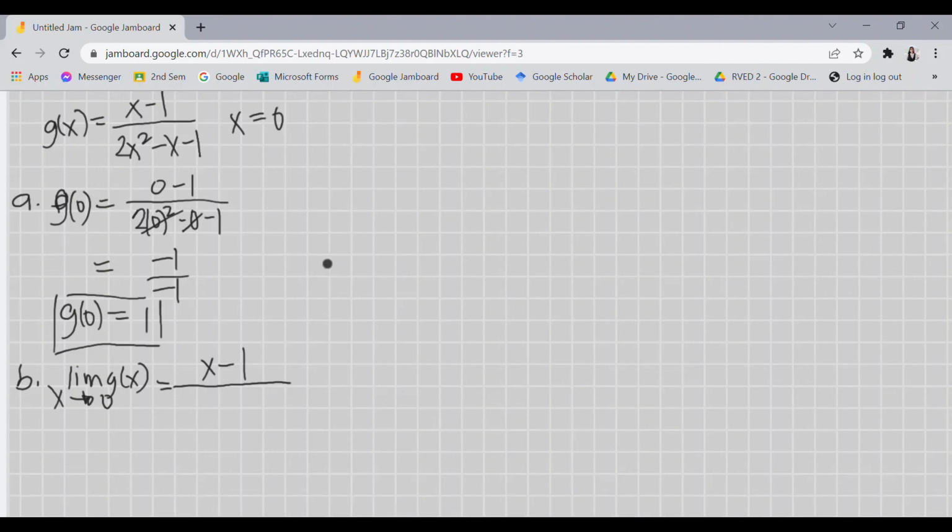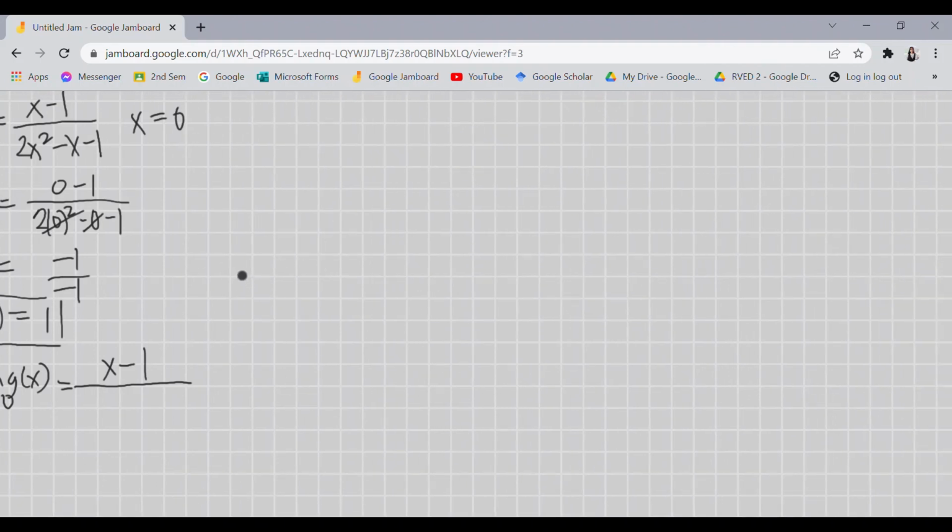I'll show you how to factor that. The product of 2 and negative 1 is negative 2. Okay? The product of 2 and negative 1 is negative 2. So, we have to factor negative x in a way that the answer will be negative 1 pag pinag-add nyo.